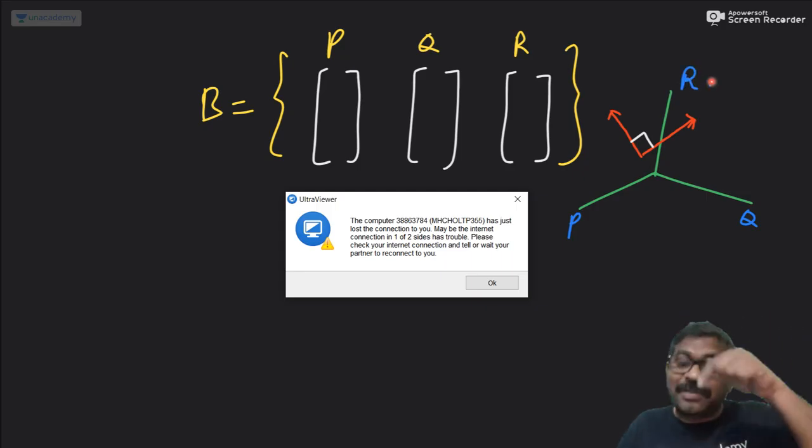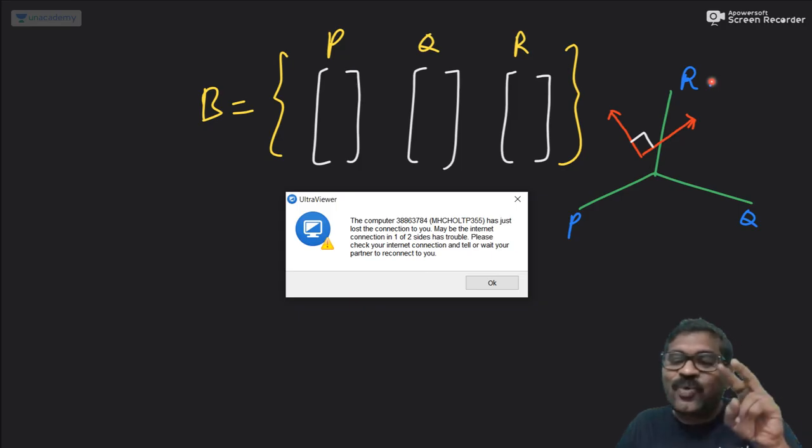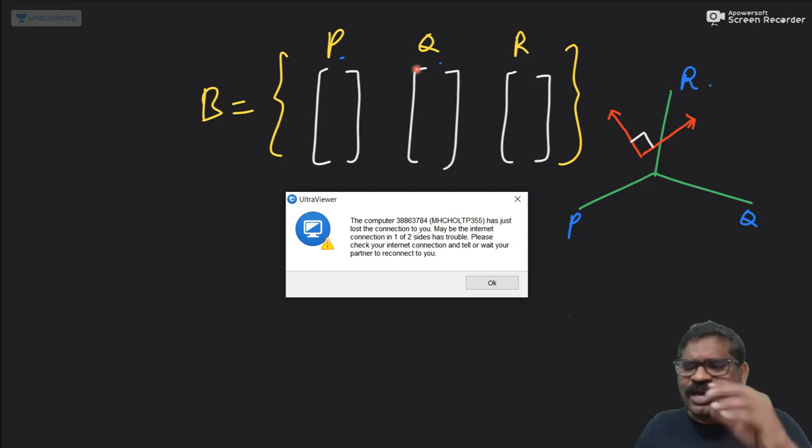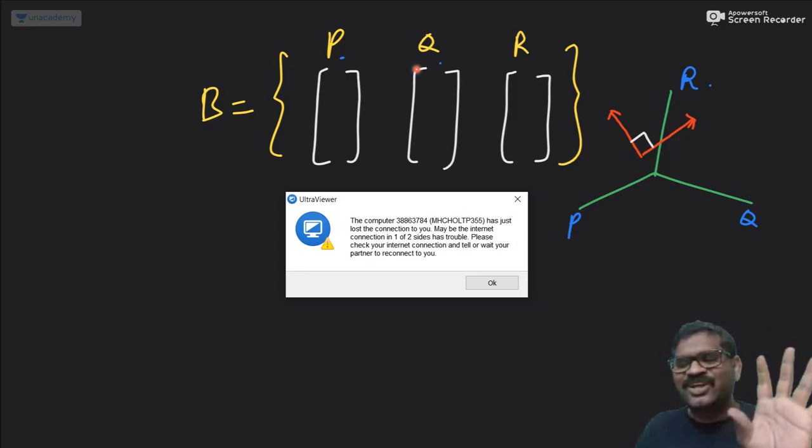In that space, which of the following are orthogonal set of vectors? Most of the students try to get the solution from PQR. PQR has no role at all.